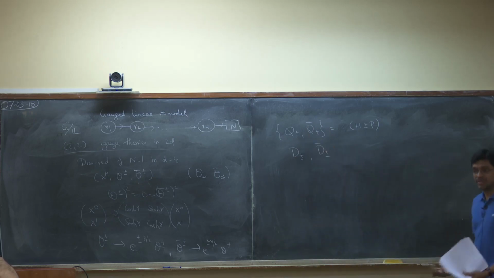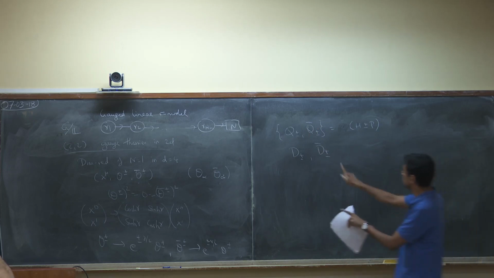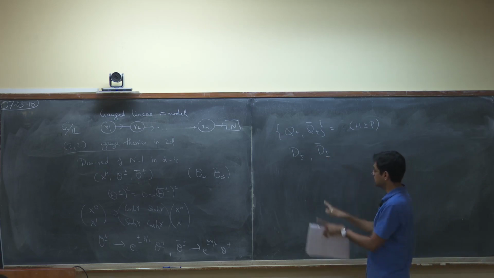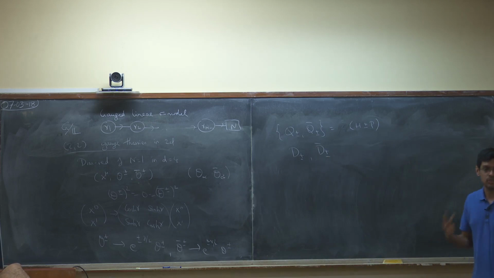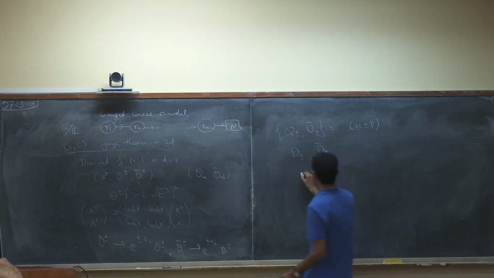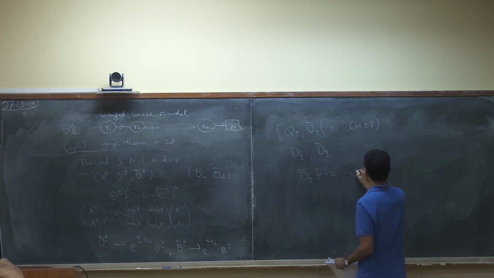And now you can define superfields that are killed by some of the D bars. But because the plus minus split this alpha index, you can now define two kinds of superfields in 2 dimensions. Usually you define D bar plus minus phi equals 0 as your usual chiral superfield.